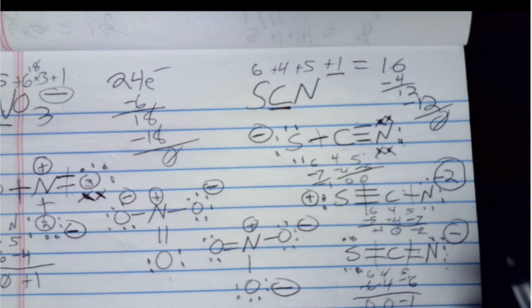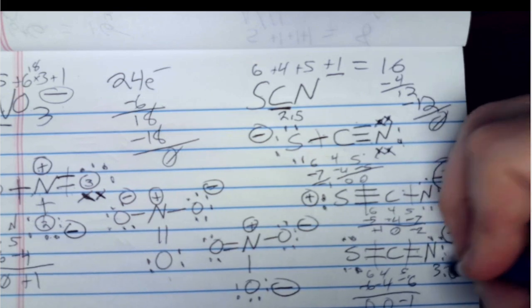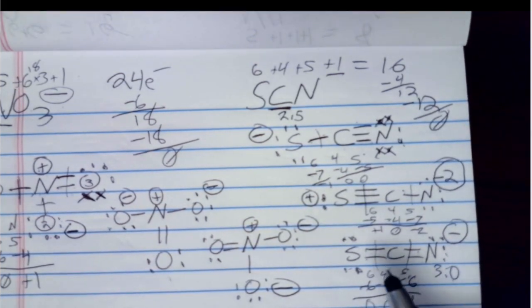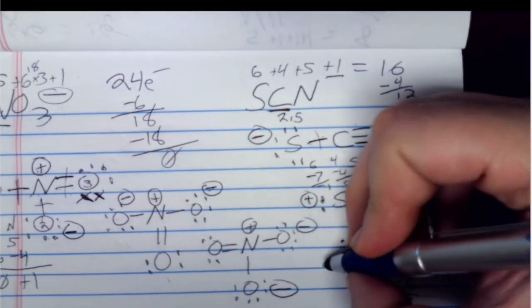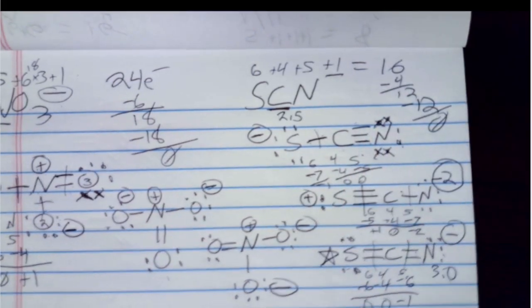So how do you differentiate? The electronegativity of sulfur is 2.5. The electronegativity of N is 3.0. We put the charge on the atom with the highest electronegativity. So this guy is the best structure.